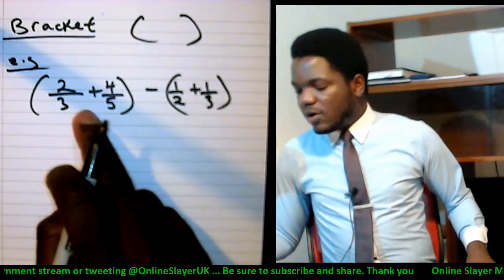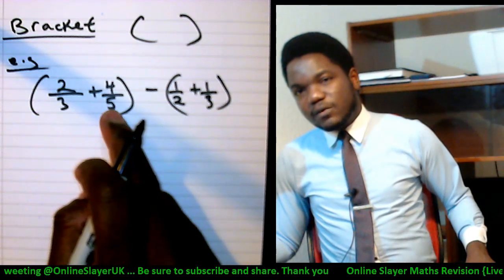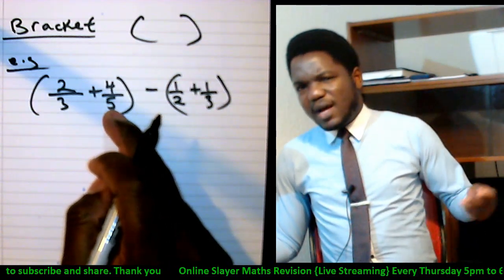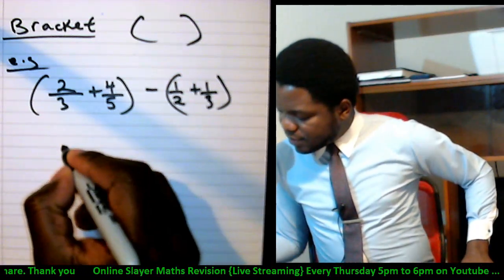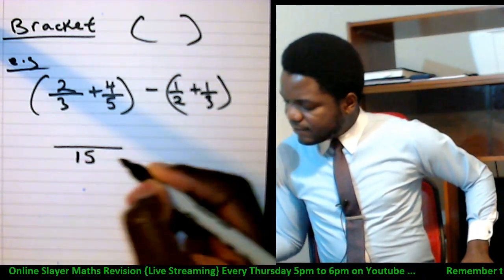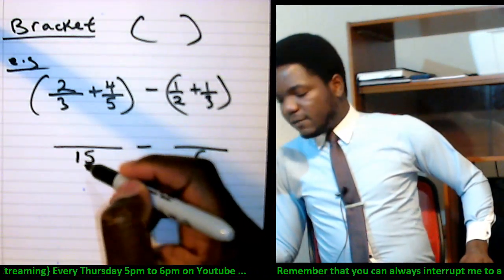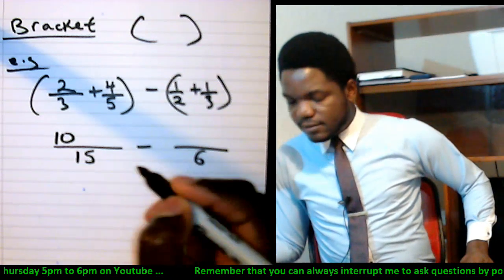When you've got any prime number involved, it shouldn't be too difficult to arrive at the prime factors and the LCM. So this is going to be an LCM of 15 minus an LCM of 6. How many 3's do you have in 15? 5. So 5 times 2 is 10.